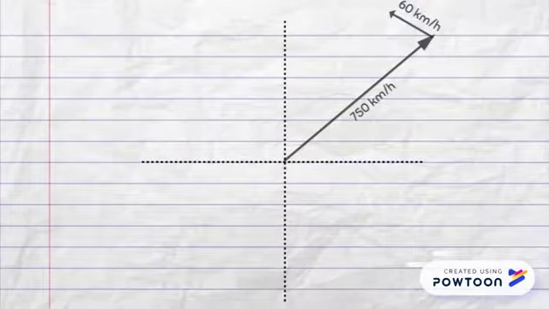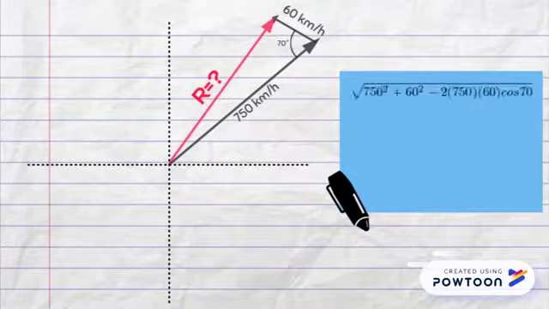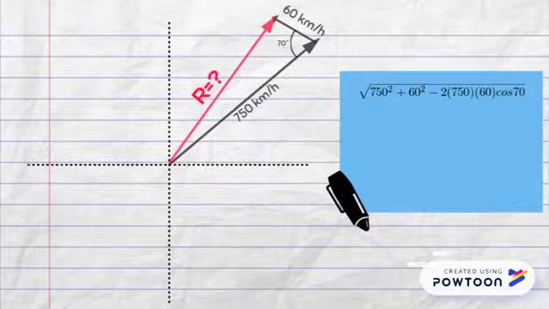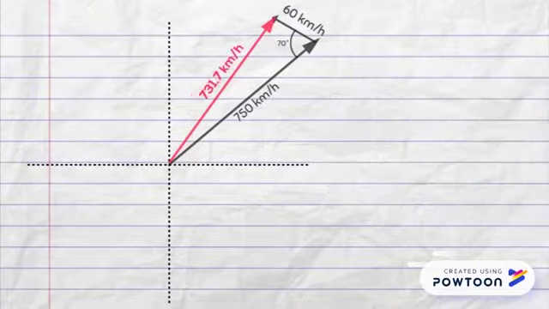Then we can find the resultant using the cosine method, which is the square root of 750 squared plus 60 squared minus 2 times 750 times 60 cosine 70 degrees, and resultant velocity equals 731.7 kilometers per hour. Now that we have the velocity, next we will determine the direction of the airplane.